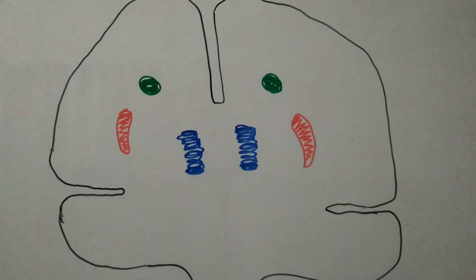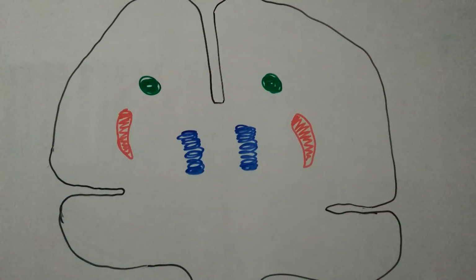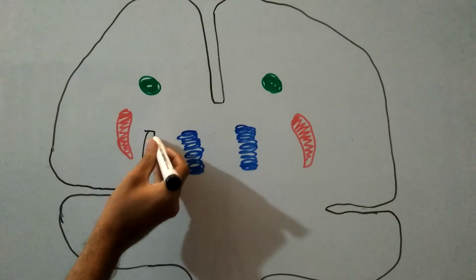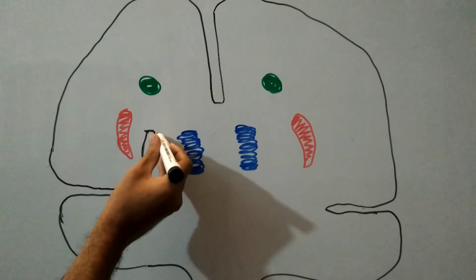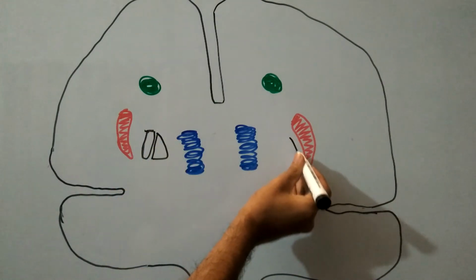On the medial aspect of the putamen, we have our globus pallidus externus and globus pallidus internus. So this will be the globus pallidus externus, and this is the globus pallidus internus.